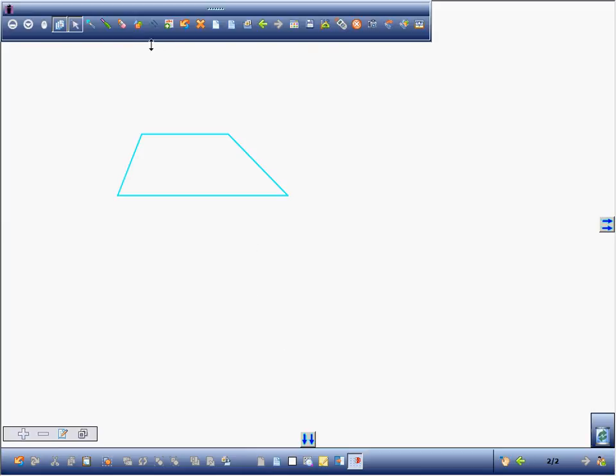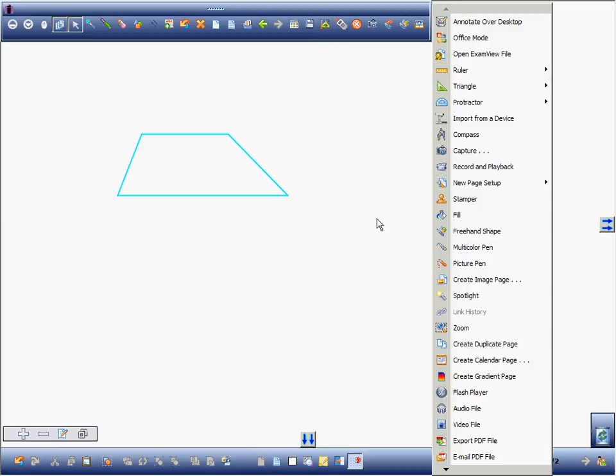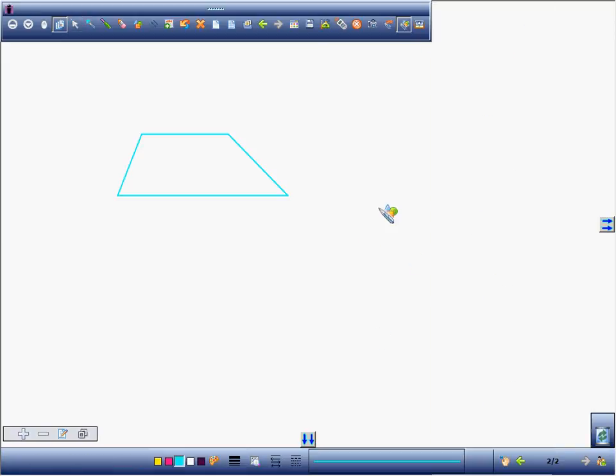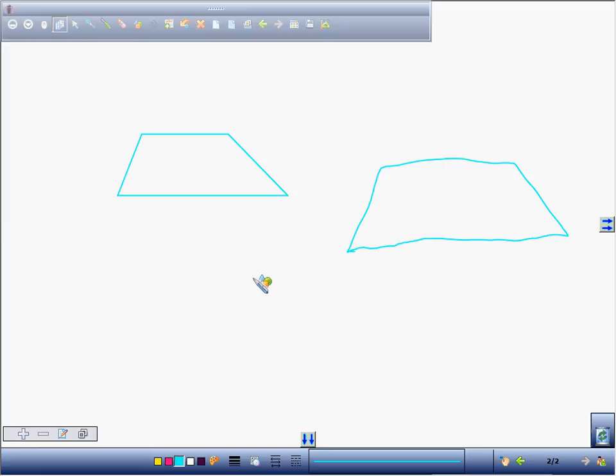I'm going to make another trapezoid. Is this the tool? That's not the tool. That's the tool. I want to make another trapezoid. That kind of looks like this trapezoid. Maybe it's the same trapezoid. Maybe it's not.